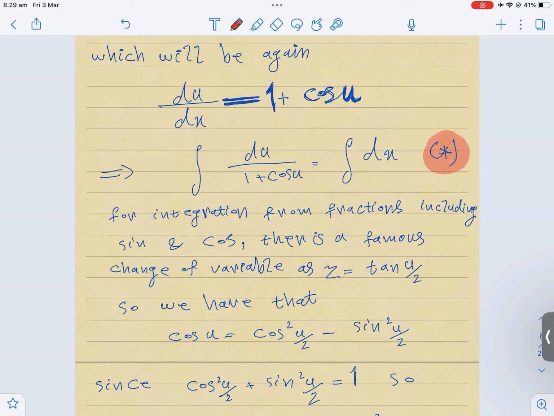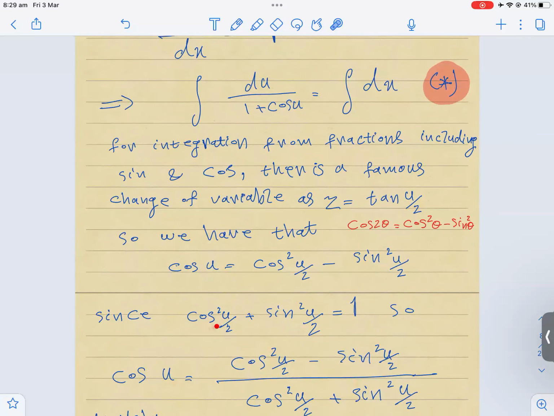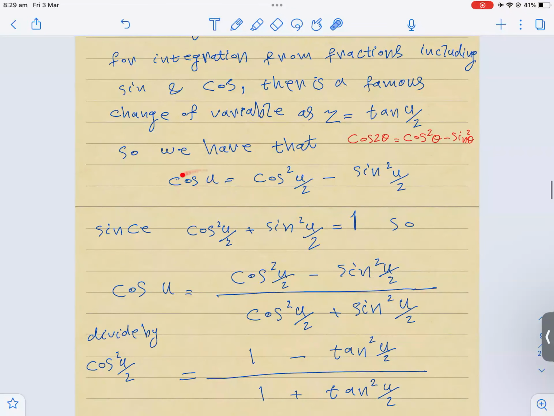It's cos 2 theta is cos squared theta minus sine squared theta. We know that cos squared u over 2 plus sine squared u over 2 is equal to 1. This is much more famous. So cos u is this divided by 1; instead of 1, I write this one.